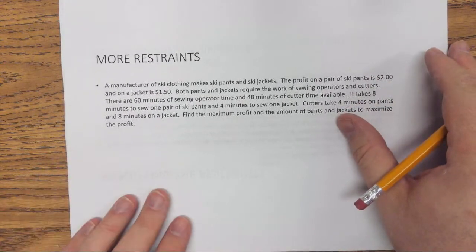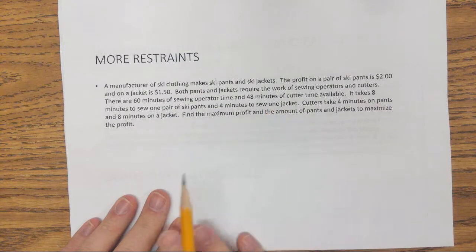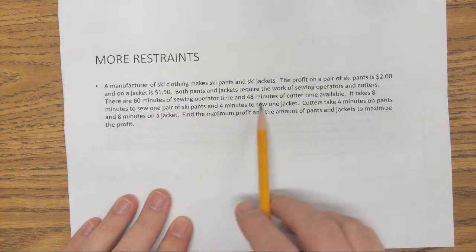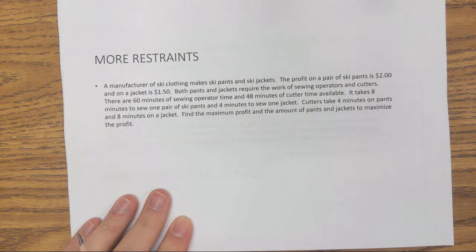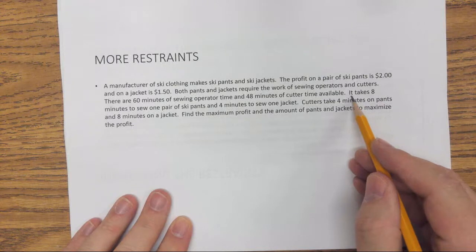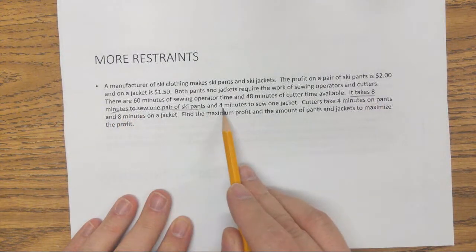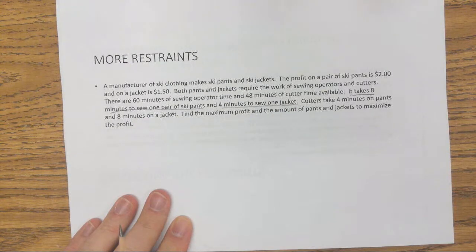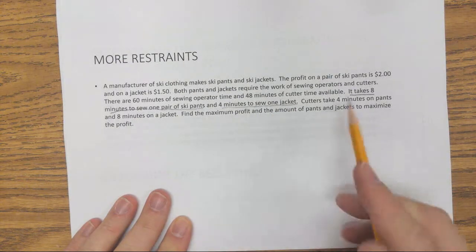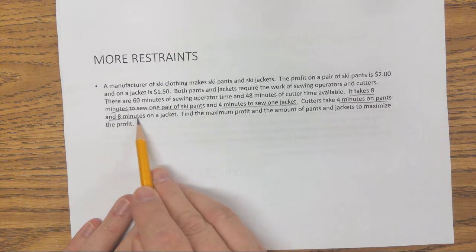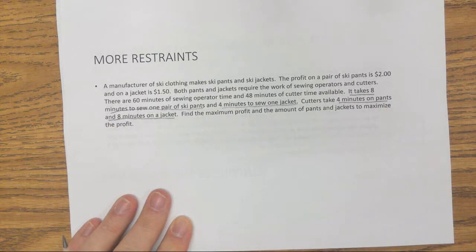Now that I've got that part done, let's think about some other stuff in here. What else do we have besides the 60 minutes and the 48 minutes? I see here that it takes 8 minutes to sew one pair of ski pants and 4 minutes to sew one jacket. And for the cutters, it takes 4 minutes on pants and 8 minutes on a jacket.